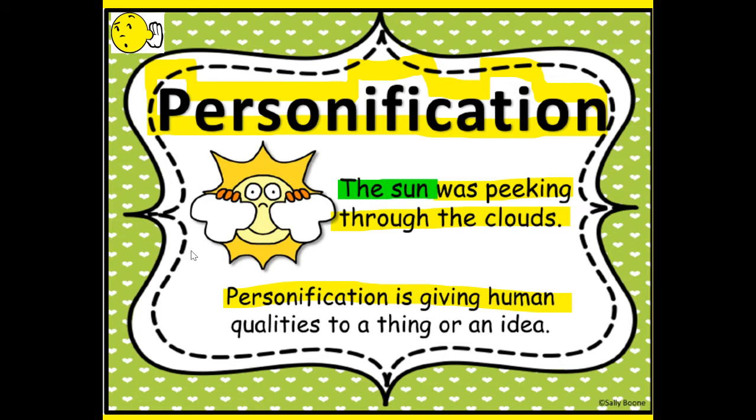Personification is giving human qualities to a thing or an idea. Obviously, the sun cannot peek through the clouds, but we're making the sun act like a person, giving human qualities to the sun. And it gives a great visual.